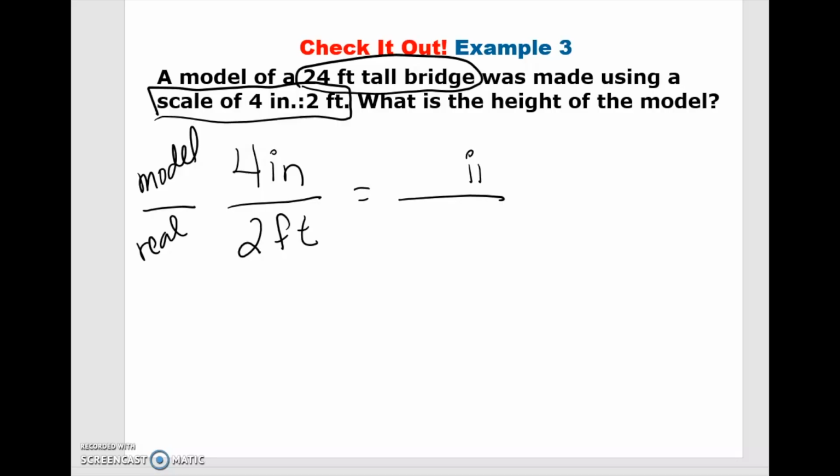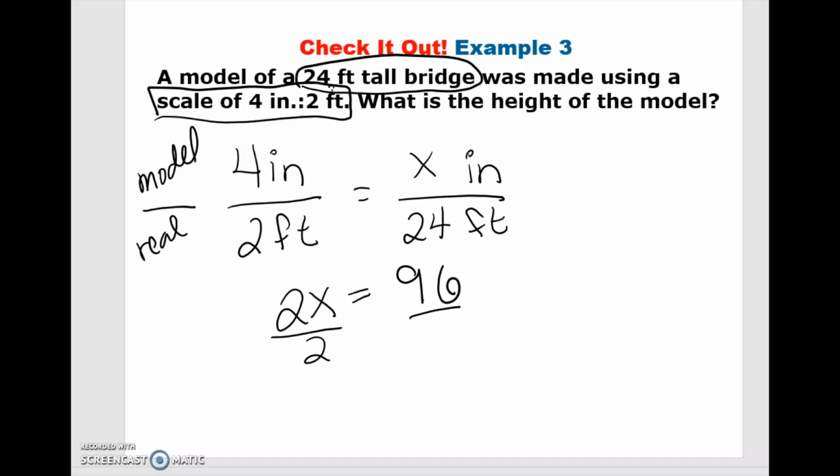So inches goes across from inches, feet goes across from feet. So 24 feet would go in our denominator, and we're going to solve for, okay, well, how tall should the model of our bridge be? So we're going to use our cross products. 2 times x is 2x. 4 times 24 is 96.